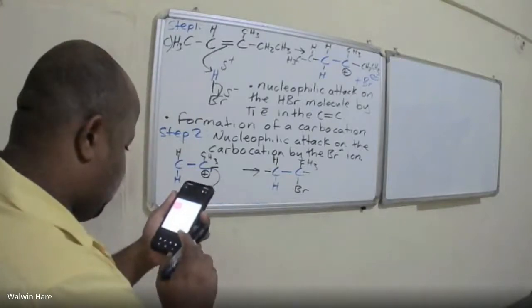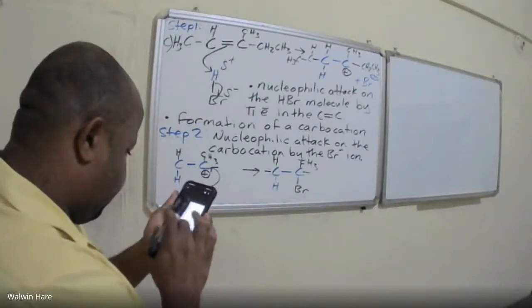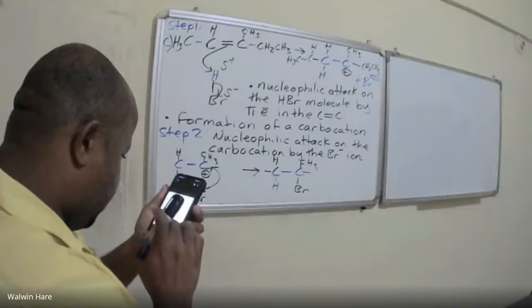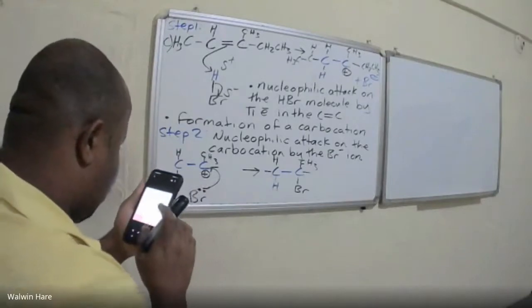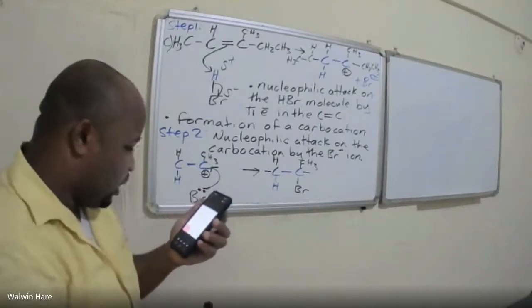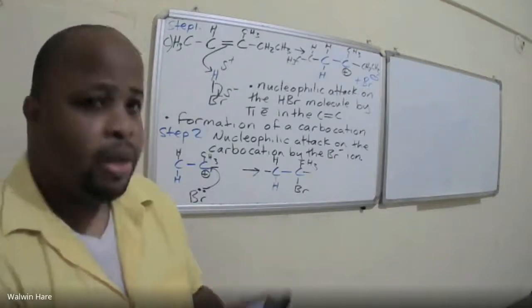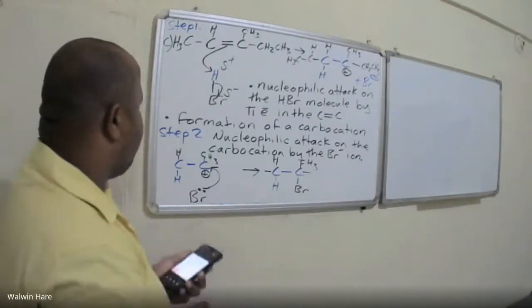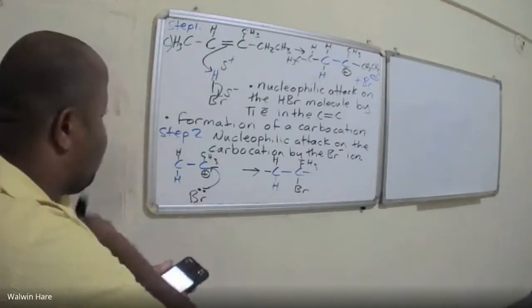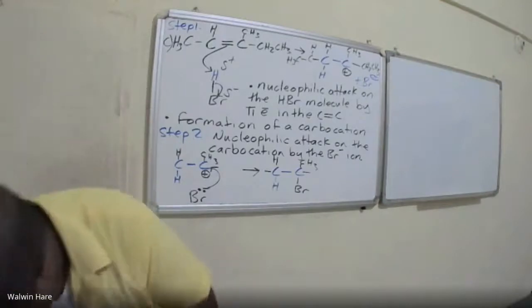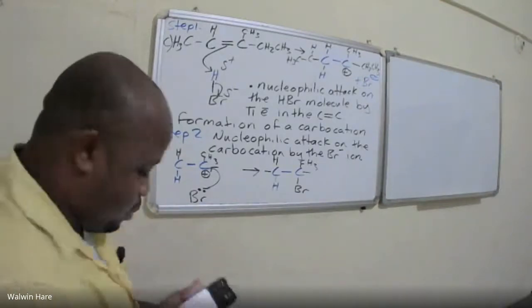Compound C, what was compound C again? Compound C was the alcohol. What kind of alcohol was compound C? But compound C was an alcohol.